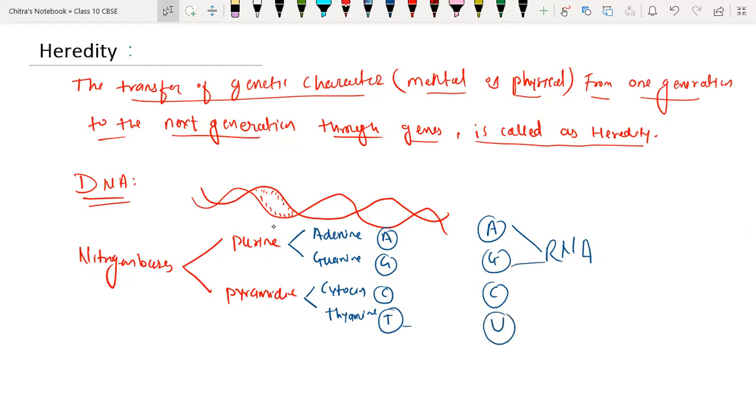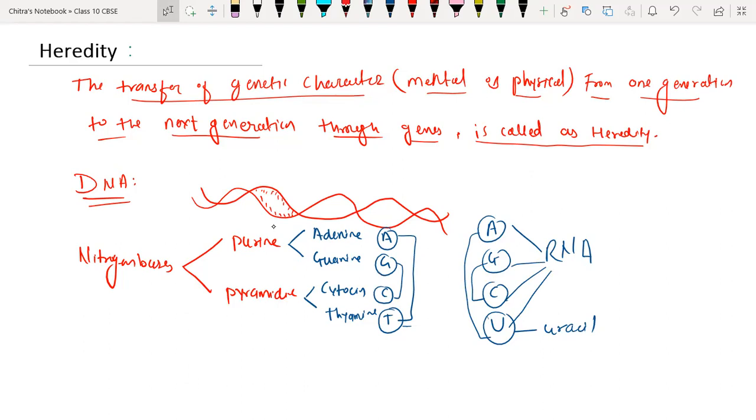So in RNA, thymine is not there; instead RNA has uracil. Adenine always forms a bond with thymine, and in RNA it forms a bond with uracil, and guanine binds with cytosine in both cases. These are the nitrogenous bases.